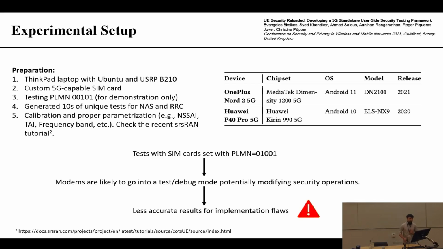And this will create less accurate results for implementation flaws. What's the solution? Just use commercial configurations in a secluded environment. This is important not only for ongoing research looking for implementation flaws, but also for already published research.